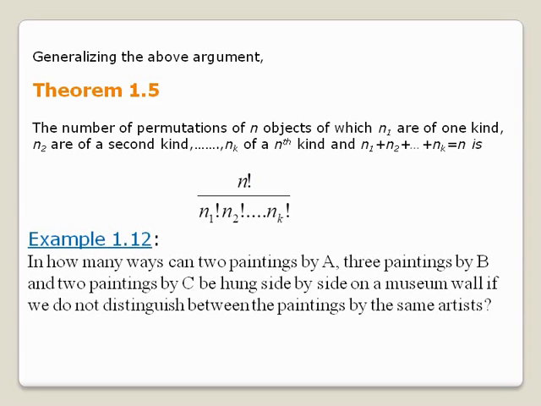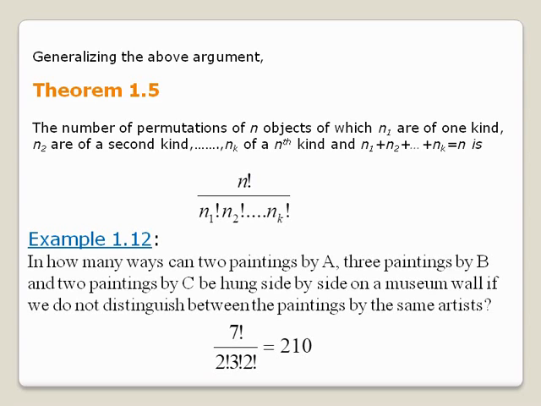Now let's try to apply this theorem. In how many ways can 2 paintings by A, 3 paintings by B, and 2 paintings by C be hung side by side on a museum wall if we do not distinguish between the paintings by the same artist?